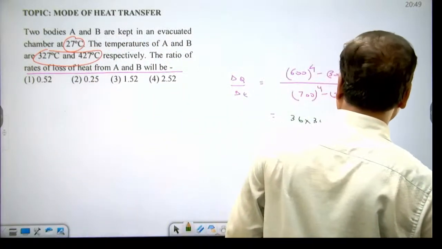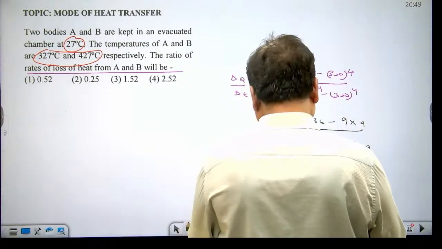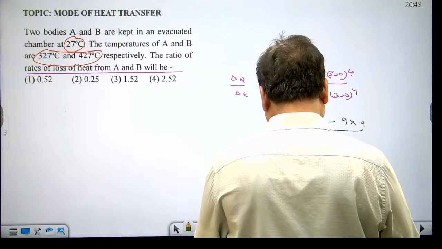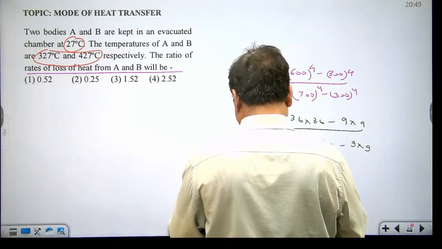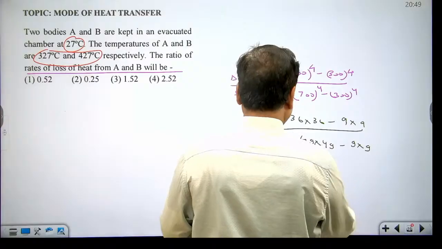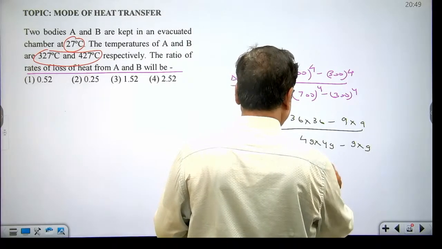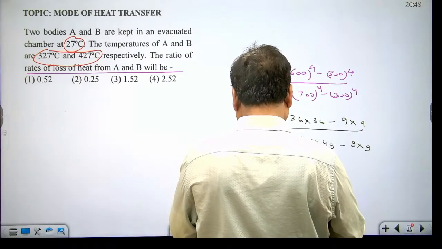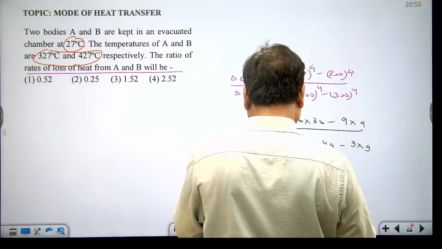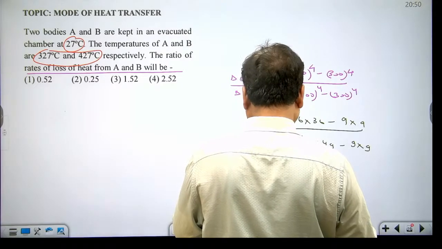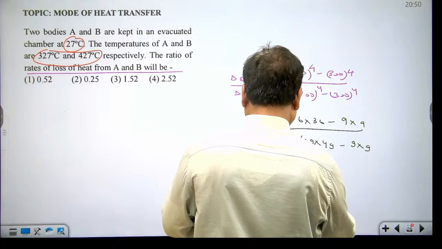So approximately, 36 into 36 will come 1296 minus 81, this will come 1215. And 49 into 49 will come 2401 minus 81, this will come 2320.